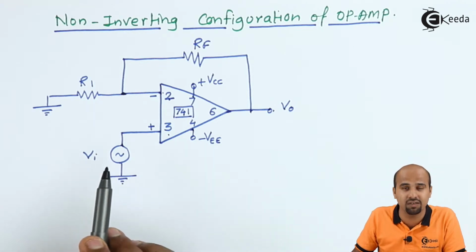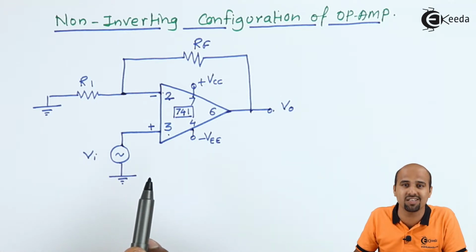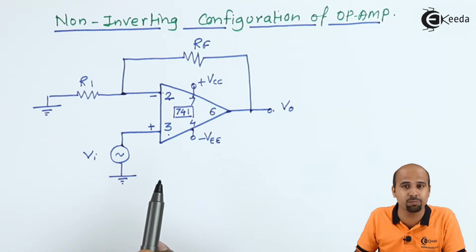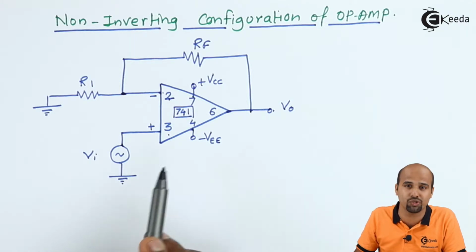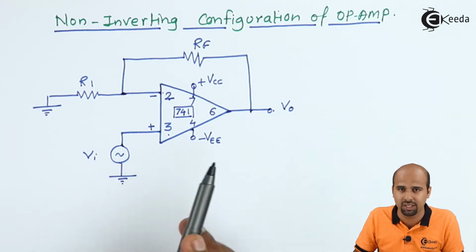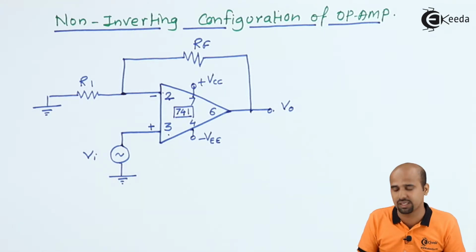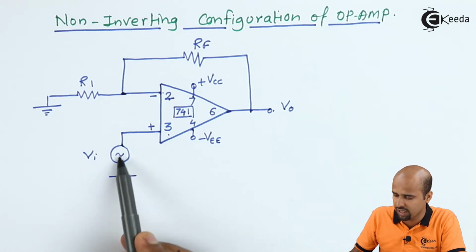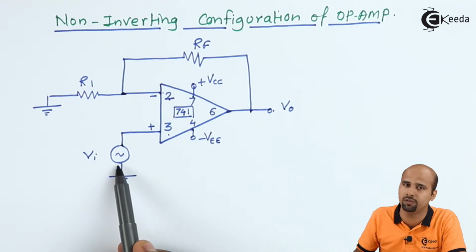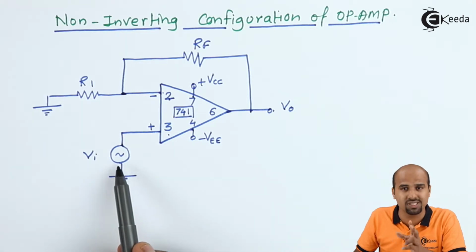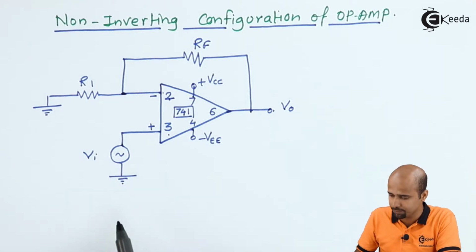Then it will give you oscillatory signals in nature. That is called positive feedback. But we don't want an oscillator, we want amplification. We want only an amplifier. So that is why we are using negative feedback only, even though you are applying input to the non-inverting terminal. I hope this is clear in your mind.